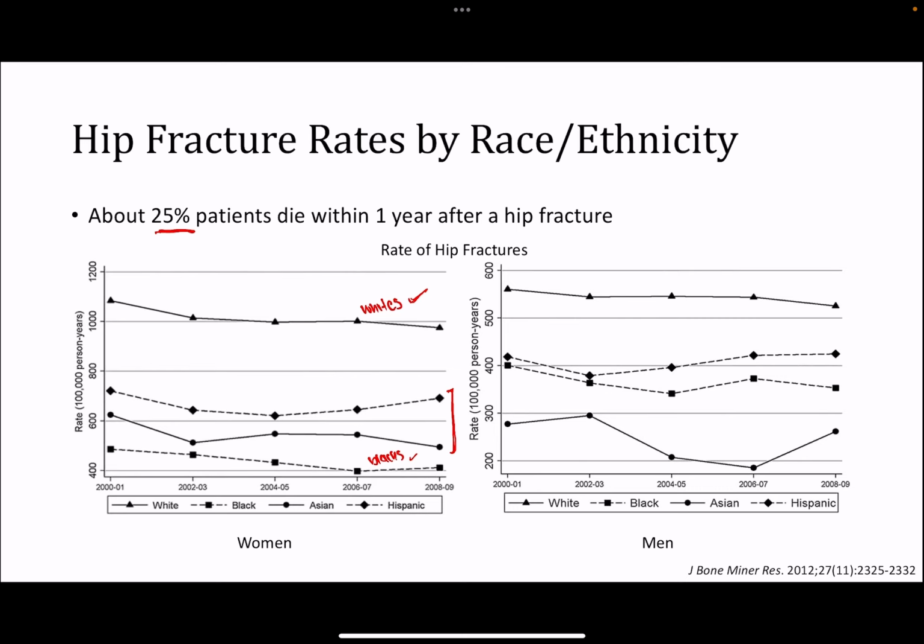What we want, though, is for this rate of fracture to be decreasing rather than increasing, because that means we're adequately treating. Now, if we look on the right, it's the same pattern, where whites are at an increased risk of fracture compared to blacks. But again, we just want all of these rates to be decreasing because it's a preventable disease.